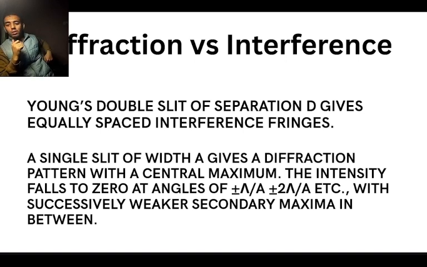A single slit of width a gives a diffraction pattern with a central maximum. So there is a maximum at the center, and the intensity falls to zero at a path difference of lambda upon a. So it gets successively weaker secondary maxima in between.